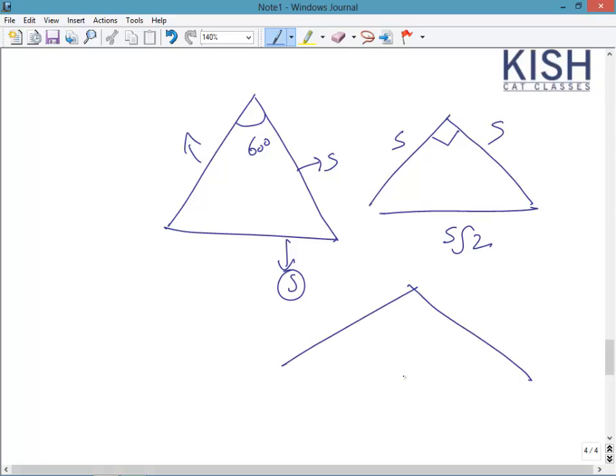If it is a 30, 60, 90 degree triangle, like ABC, if this is S, this is going to be S root 3. Now, this S root 3 is an important one here.